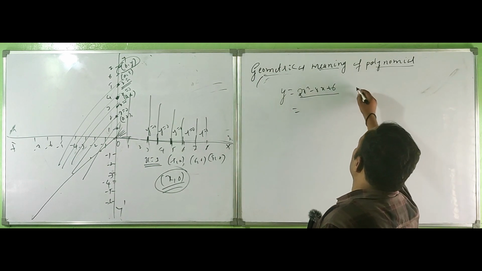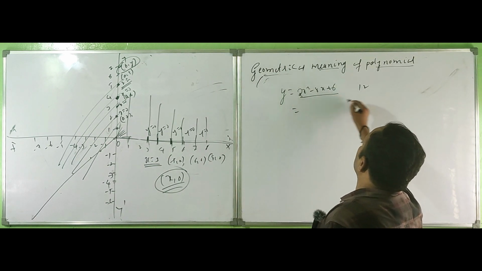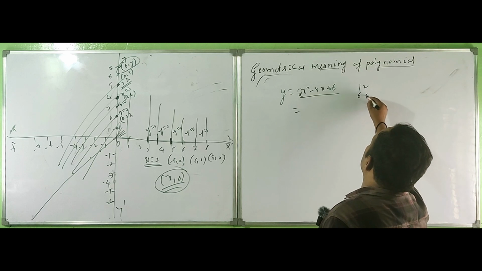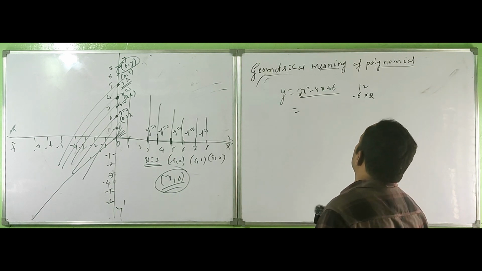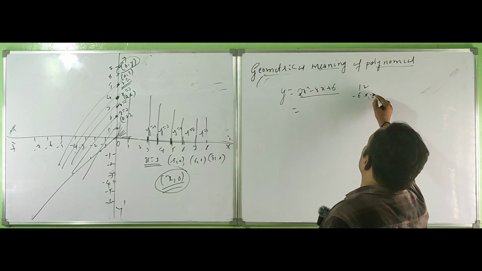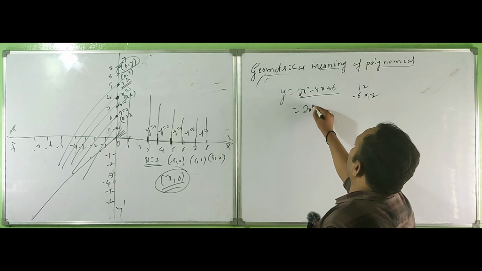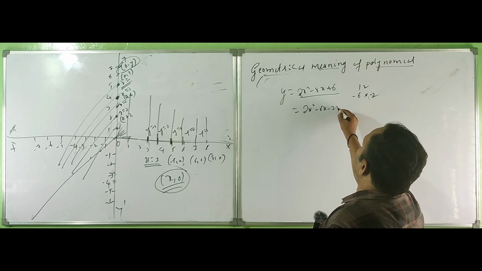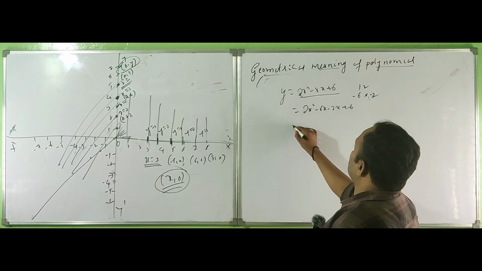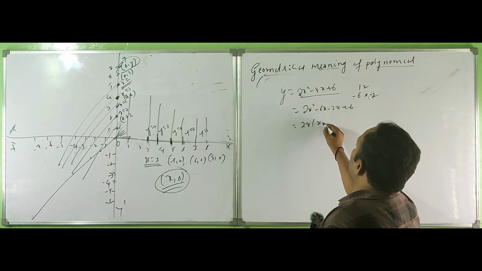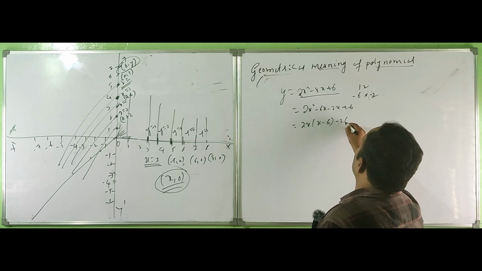So 2 into 6 is 12, this is the 8, for 6 into 2, minus 6 plus 2, minus 2. So 2x square minus 6x minus 2x plus 6. This becomes 2x is common, x minus 6; minus 2 is common, x minus 6.